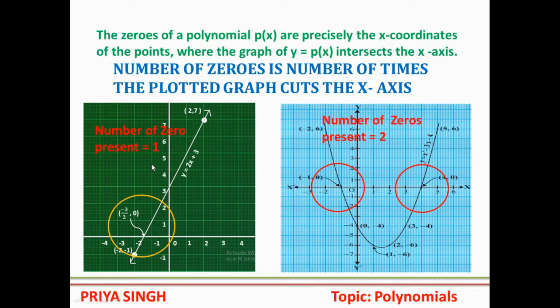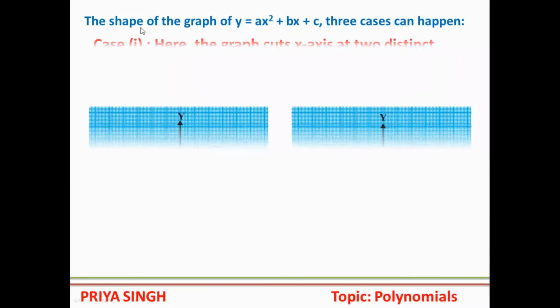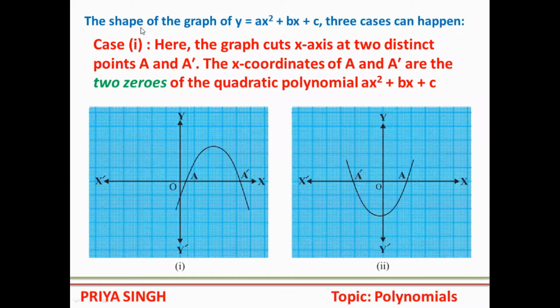Now we are going to study the cases of our quadratic equation. Let us consider the shape of the graph y is equal to ax square plus bx plus c. The 3 cases can happen. What is the first case? Check the 2 graphs. There are 2 intersection points in each. Here the graph cuts the x-axis at 2 distinct, that is different, points, A and A dash.